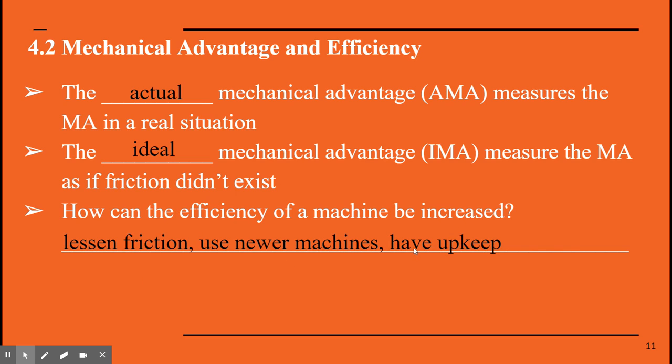So ways you can help with efficiency: lessen the friction. Use newer upgraded machines. Have upkeep on whatever the machine is. The more that this is done, the better the machine is going to work. It also is usually more financially safe this way too.